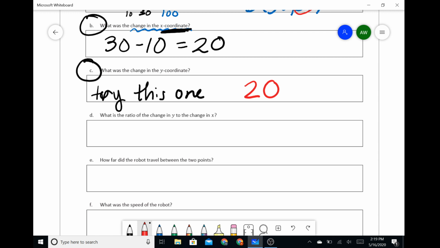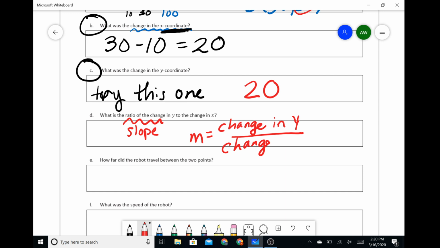Nice work. Okay, so what is the ratio of change in y to the change in x? Now, if you watched the video, the ratio of change is the same thing as the slope, right? And we know that the slope is the change in y over the change in x.